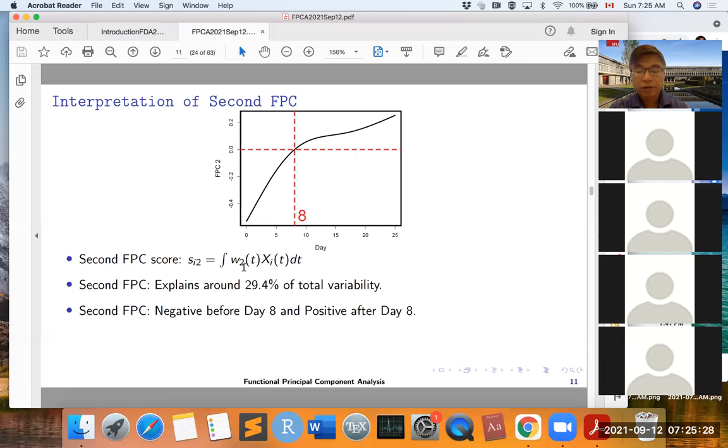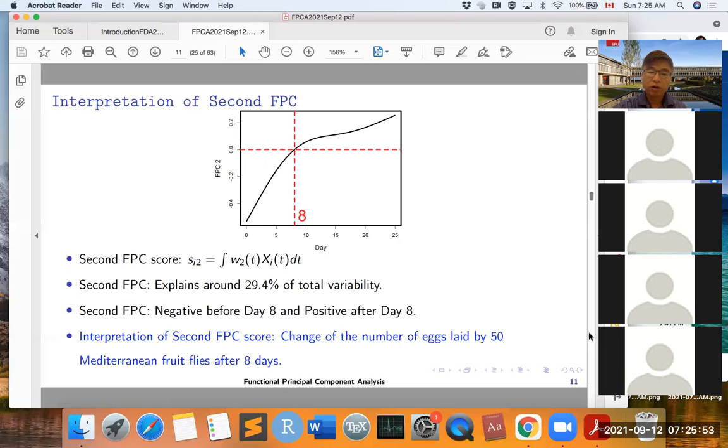But here, the weight W2(t) is negative before day 8 and positive after day 8. So in other words, X_i(t) will be multiplied by a negative weight before day 8 and a positive weight after day 8.